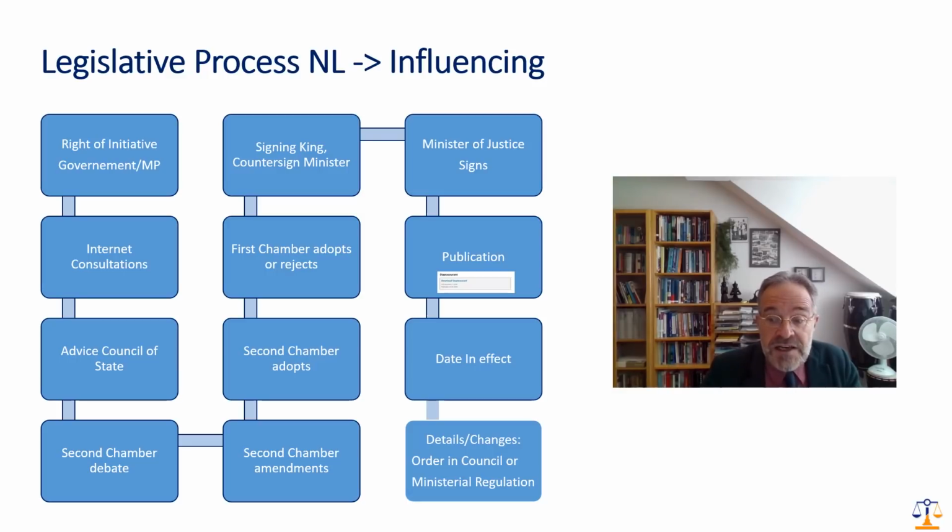That is basically against the idea of the trias politica, because the trias politica idea is that authorities of the state are threefold and they must be independent. But what we see here is that the government, which is the executive, also has the right of initiative.